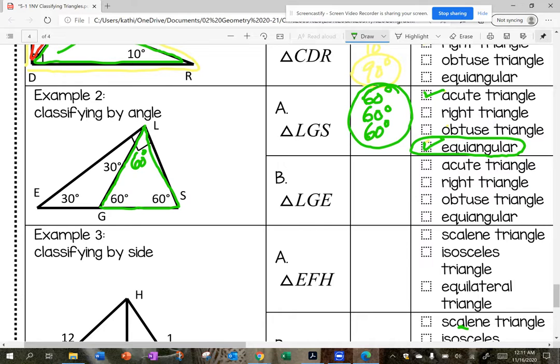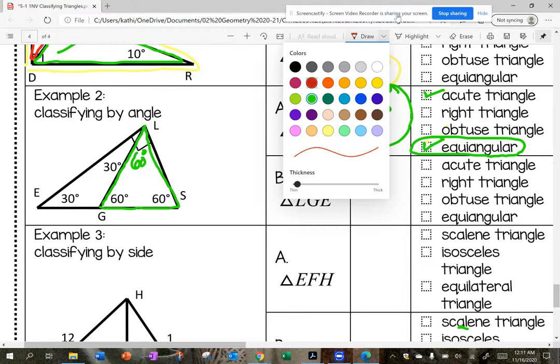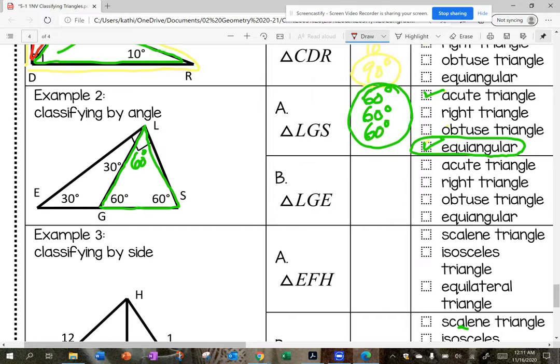All right, let's try triangle LGE. One angle is 30 degrees. And then to find this, I have a linear pair.